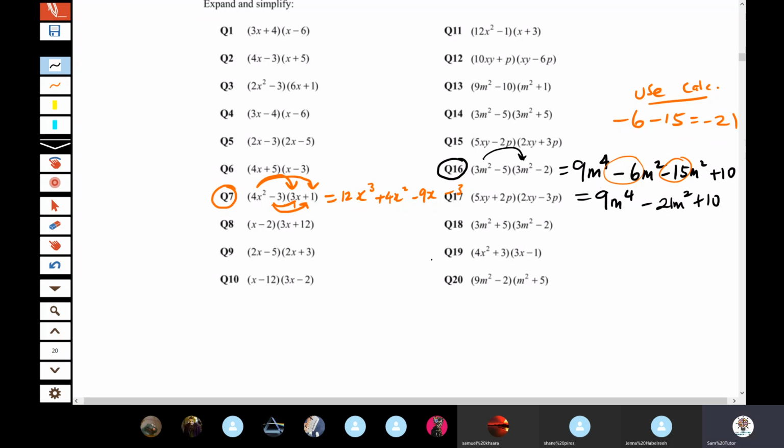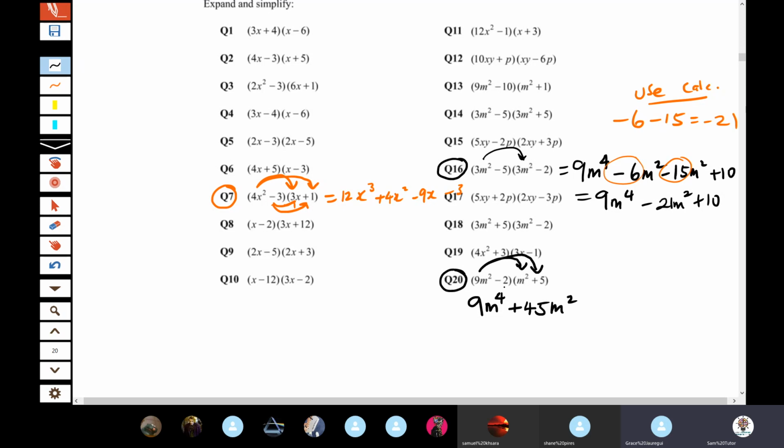That's fantastic. Grace, are you there? Yeah. Let's do this last one and see how we're going. Question 20. 9m squared and m squared becomes 9m to the power of 4. 9m squared and 5 becomes plus 45m squared.